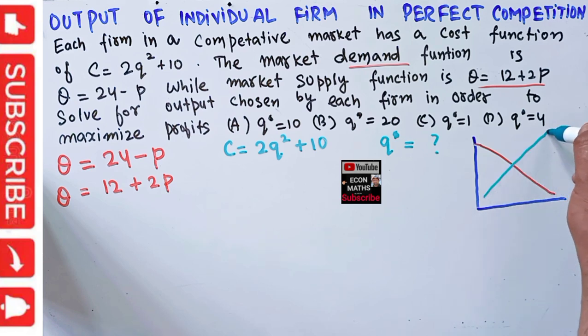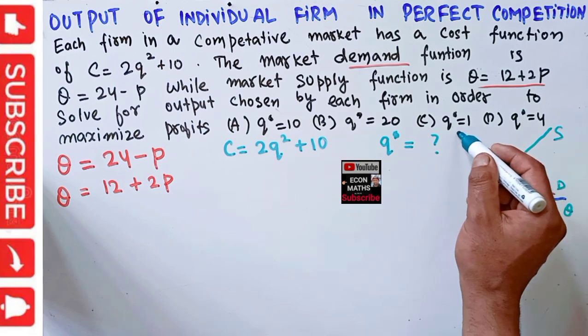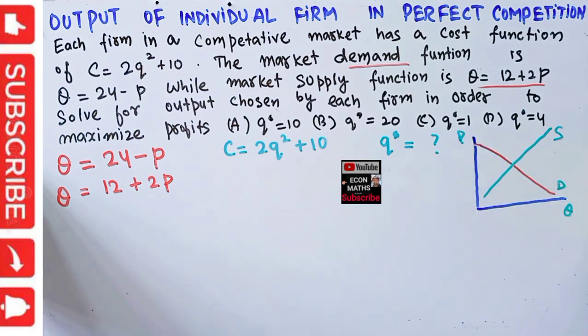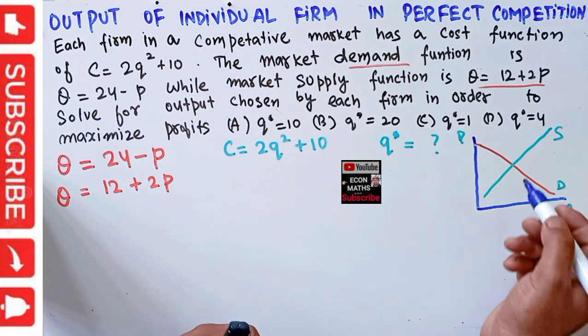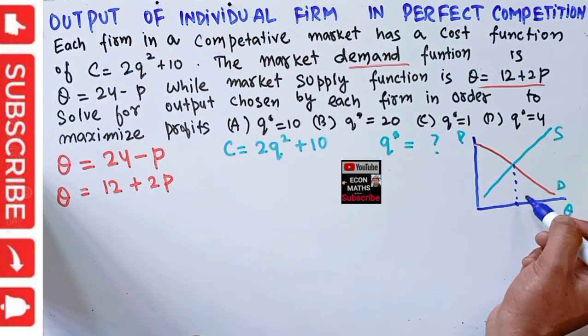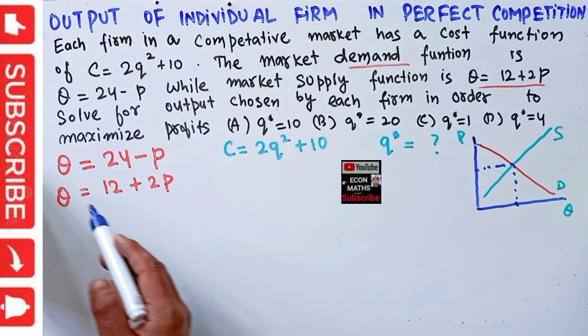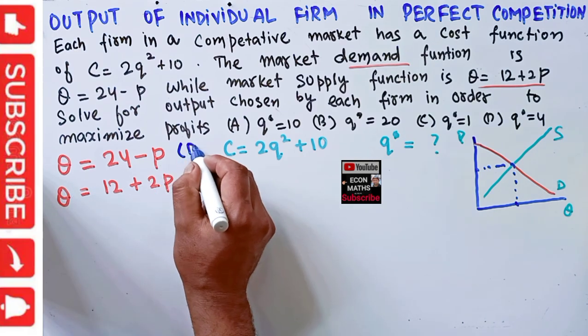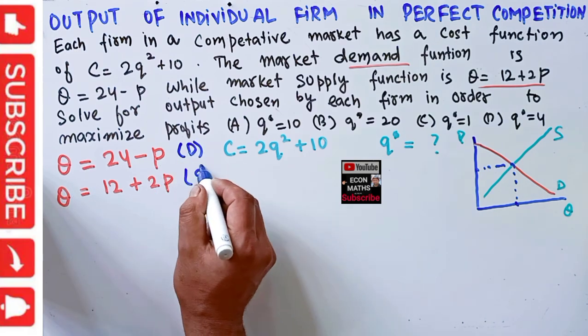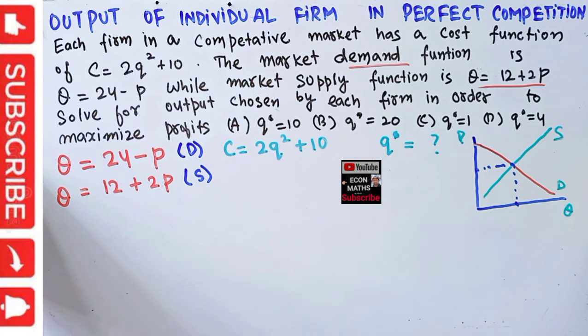We have market quantity on the horizontal axis and market price on the vertical axis. Equilibrium occurs where market demand is equal to market supply. If this is the demand function and this is the supply function, first we equate these two to get the market quantity and the market price.